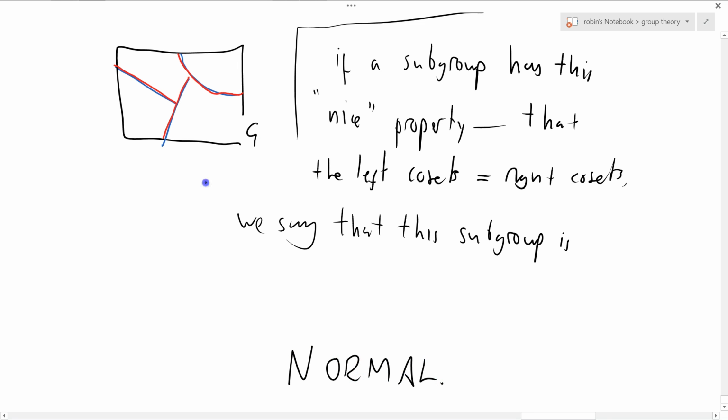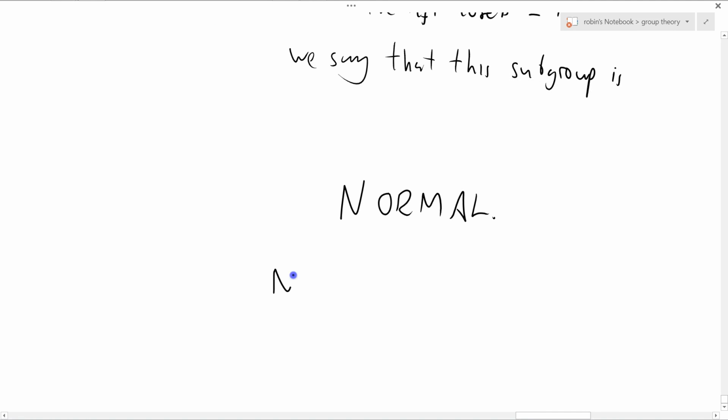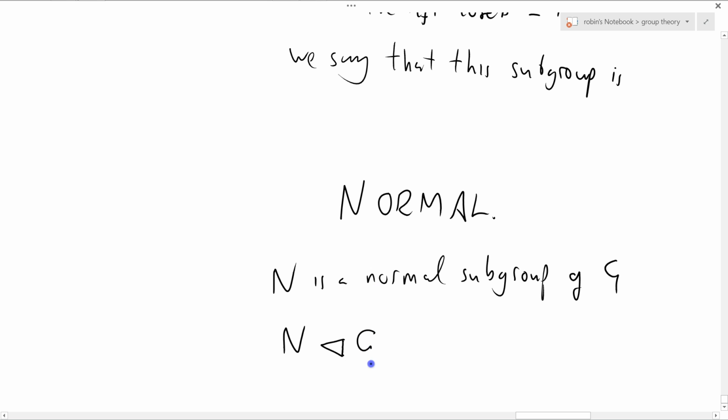And we write it like this. We say N is a normal subgroup of G, and we write it like this. We go N, it's sort of a less than, but with a sort of closed off. It's sort of a triangle like that. That's how we write it.